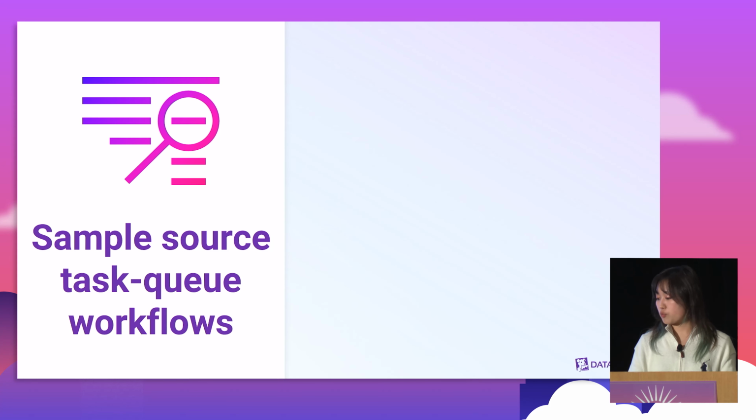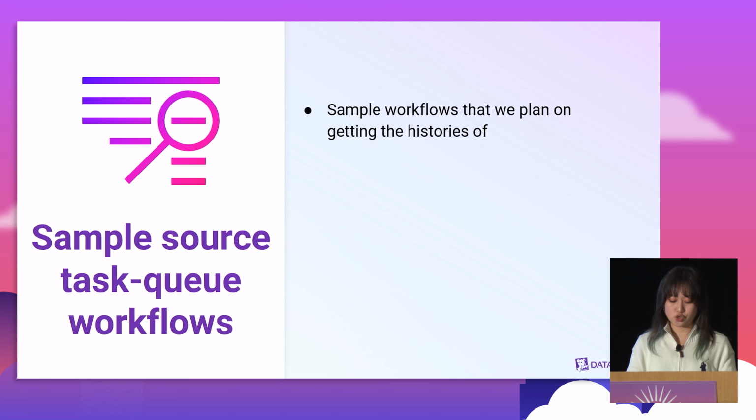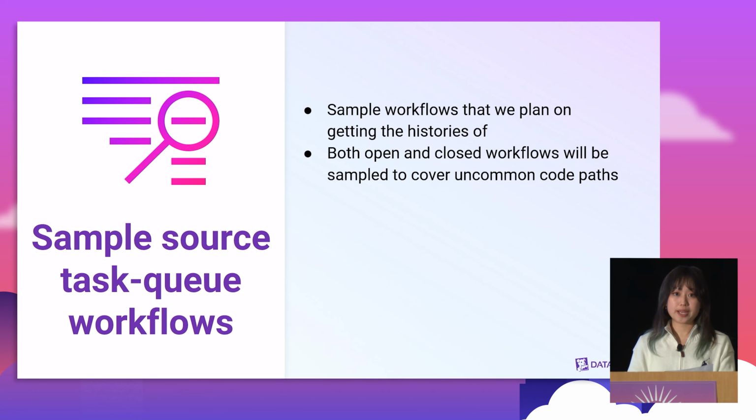So to check for replay failures, we'll start off by sampling source task queue workflows that we plan to get the histories of. In this step, we sample both open and closed workflows because we want to cover as many workflow code execution paths as possible.